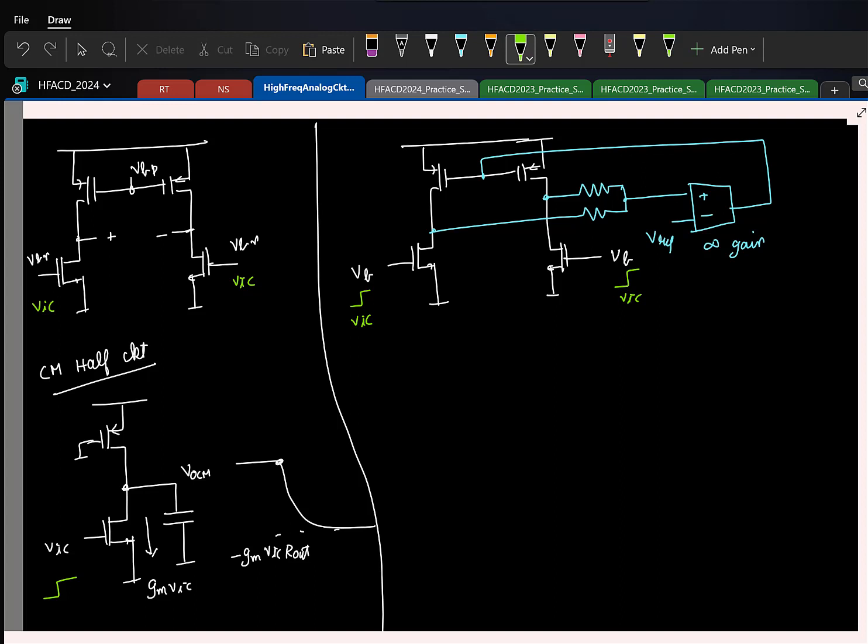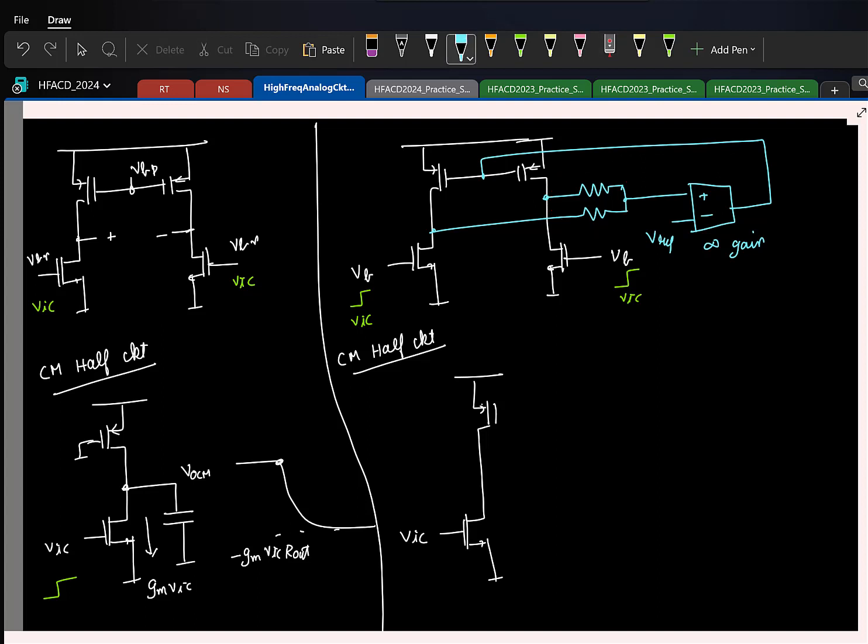Okay. So again, let's draw the common mode half circuit to see the common mode response. So here, if I draw this, I will have the same PMOS, the NMOS. Here is where I apply this step, and then I will have the two resistors being put in parallel.